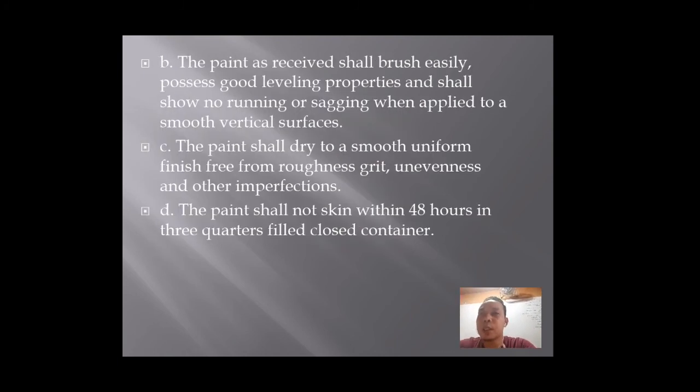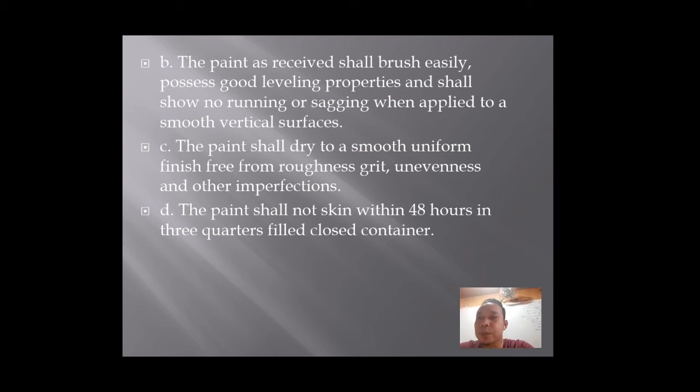B. The paint as received shall brush easily, possess good leveling properties, and shall show no running or sagging when applied to a smooth vertical surface. Also, the paint shall dry to a smooth, uniform finish free from roughness, grit, unevenness, and other imperfections.